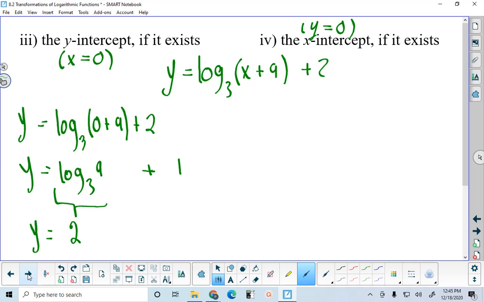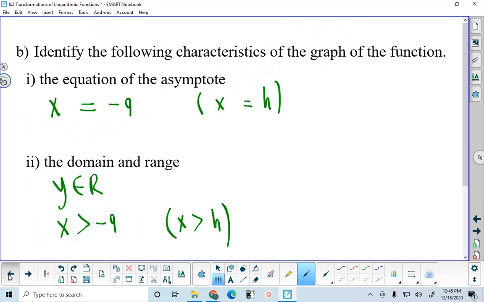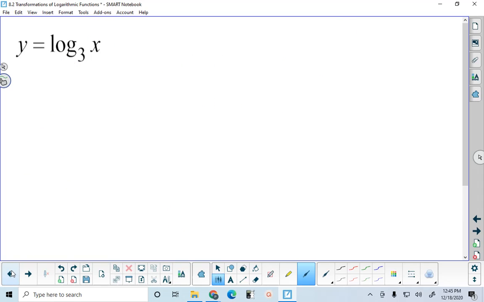This thing we were doing yesterday where you would say, let me think about this, log base 3 of 9 is some number, 3 to that number. You shouldn't have to do that in this case. You should know log base 3 of 9 is 2. And then we have plus 2, which means the y-intercept is at 0, 4. And I don't know if we extended that graph that we drew.